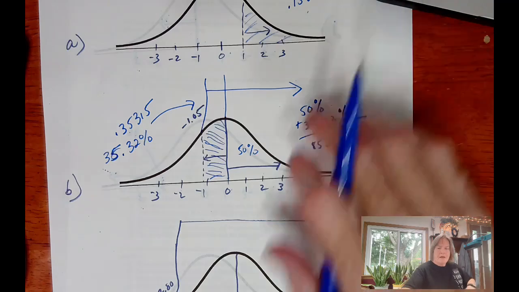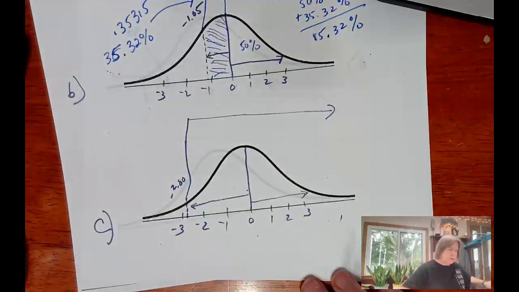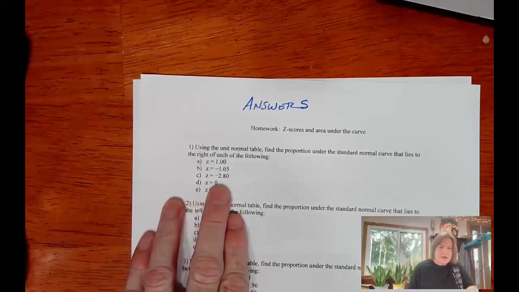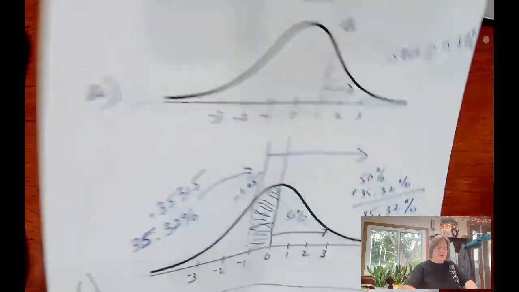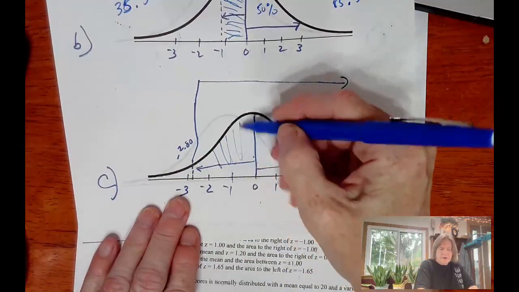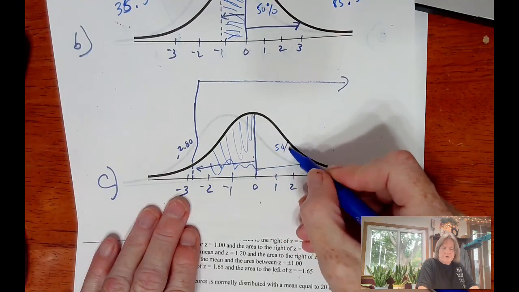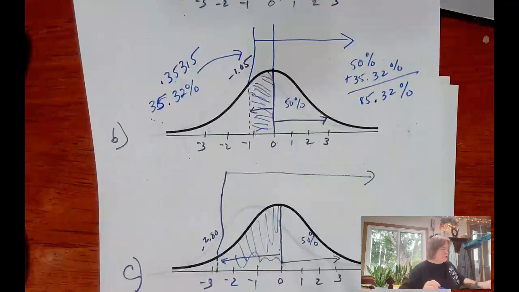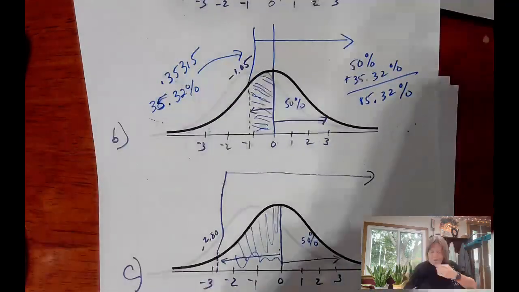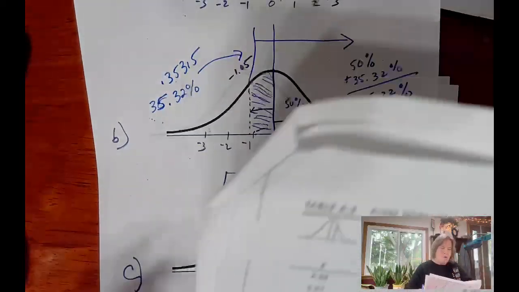Now C asks for a z of -2.80, everything to the right. Again, you're going to find this area, and then this is 50% again. So what is 2.80? We want the area between the mean and z. It's going to be way at the end of the chart because the chart only goes to 4.